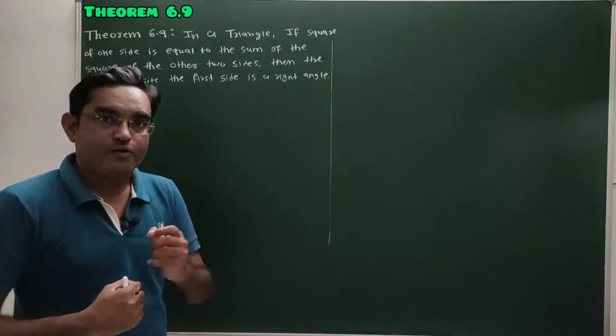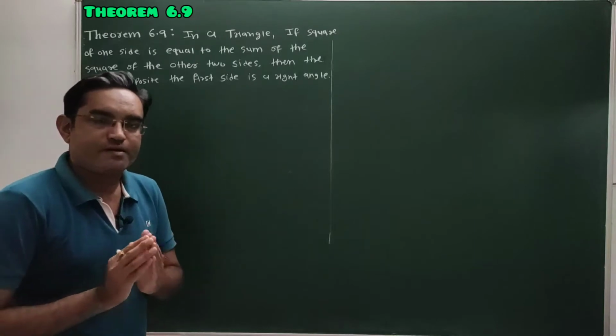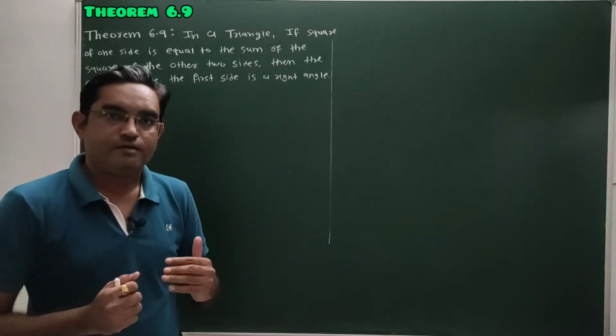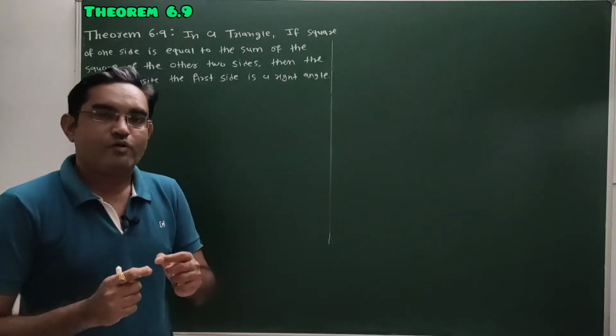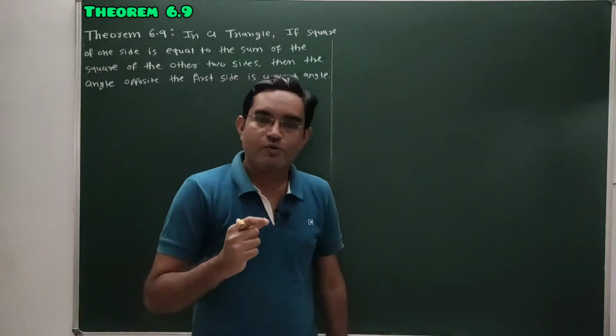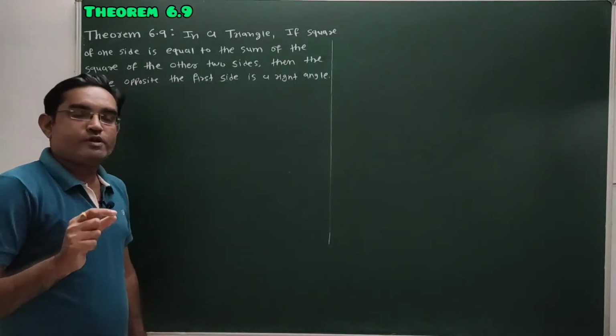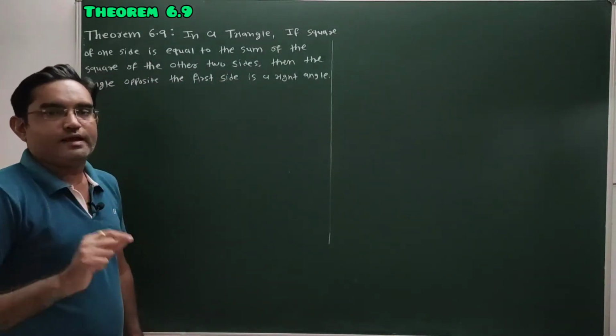This is Pythagoras theorem. Now the converse theorem states that if in a triangle, the square of one side is equal to the sum of the squares of the other two sides, then the angle opposite to the first side is a right angle.